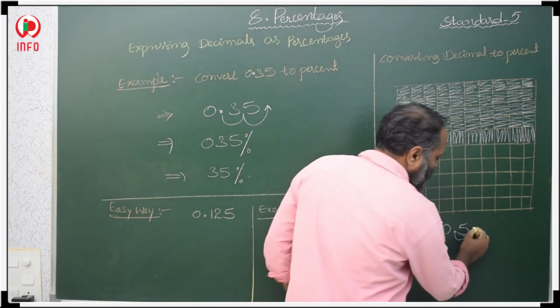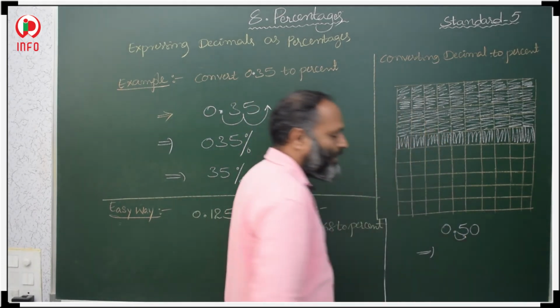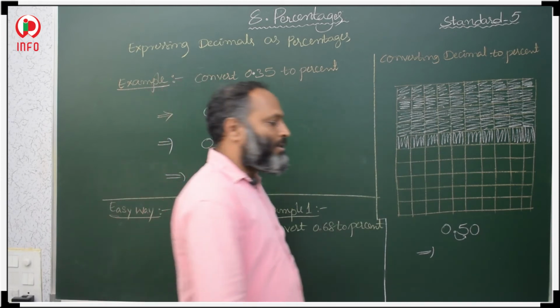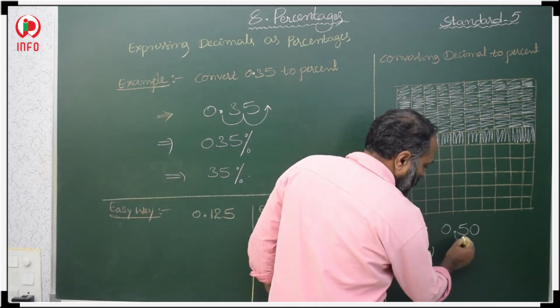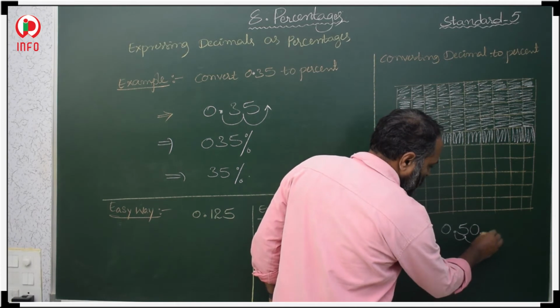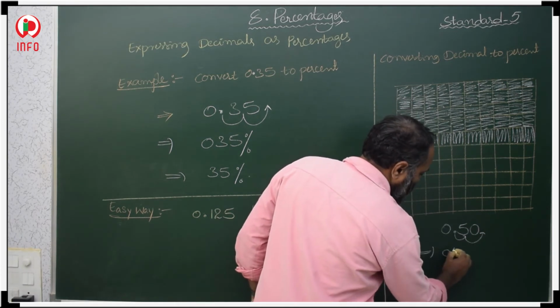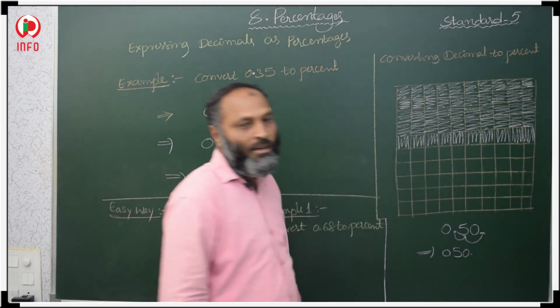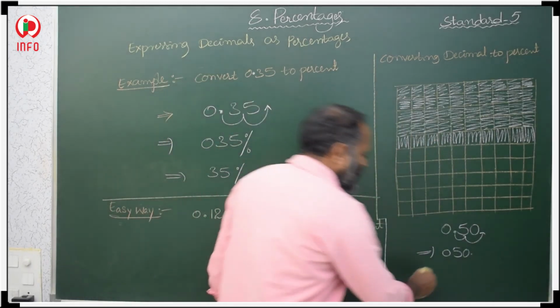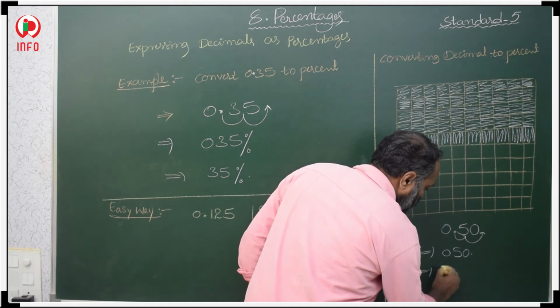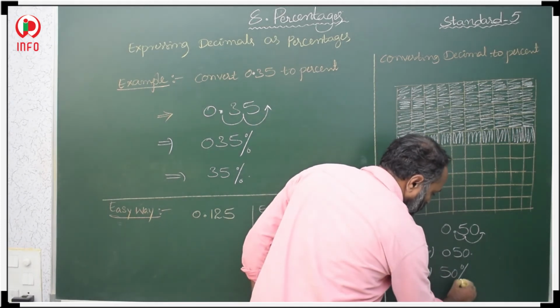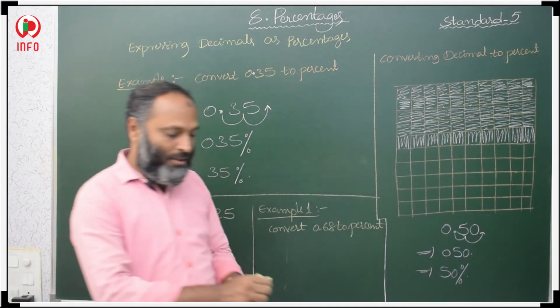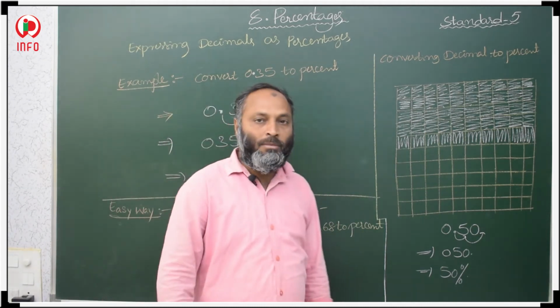That means we keep 0 here, for the first place and the second place. It will come as 0, 5, 0 point. There is no need to keep the point after a numeral. Then 0, 5, 0 means 50. 50 percentage. This is the method to convert a decimal into a percentage.